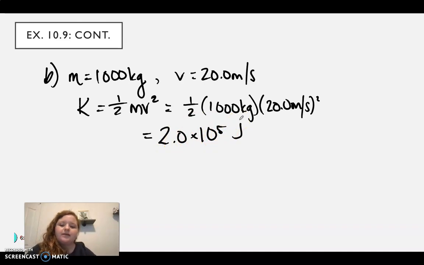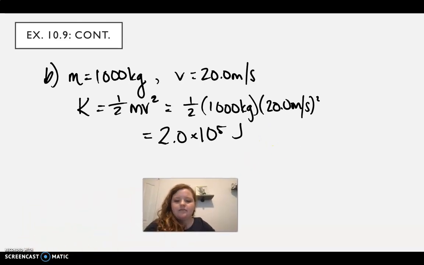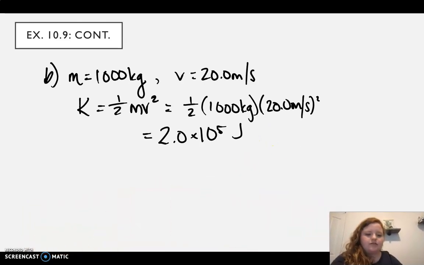Comparing the two, this makes sense because if this number was greater than the kinetic energy of those blades, then the helicopter wouldn't be able to lift and get up and fly. All right, let me move that over there.